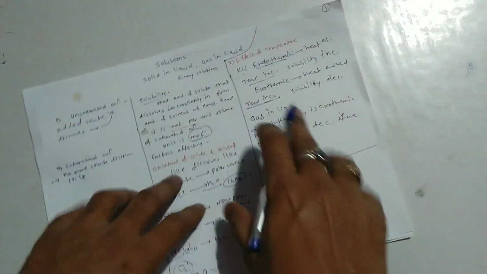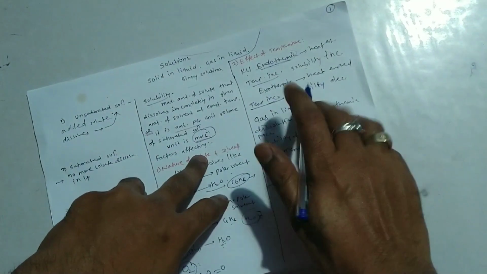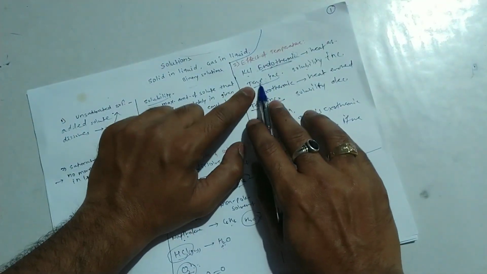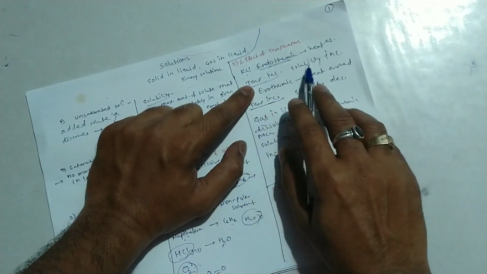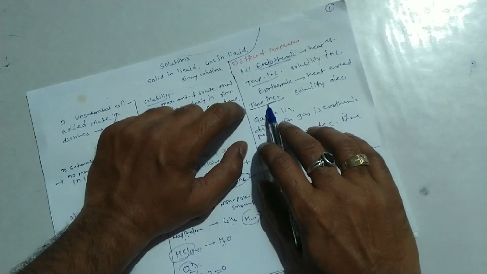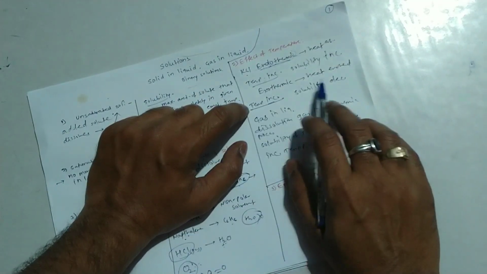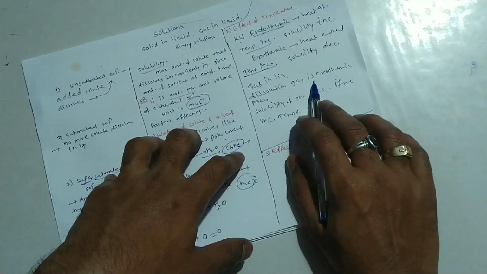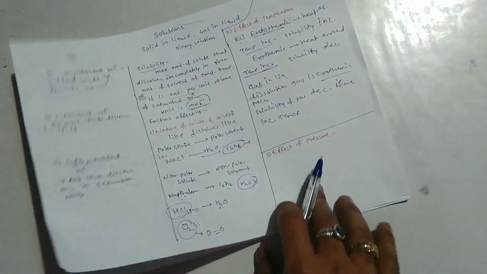So it's according to Le Chatelier's principle. In an endothermic process, if we increase the temperature, solubility increases by absorbing the heat. In an exothermic process, temperature increases, solubility decreases, so heat is evolved here. So dissolution of the gas is an exothermic process, that heat is evolved.